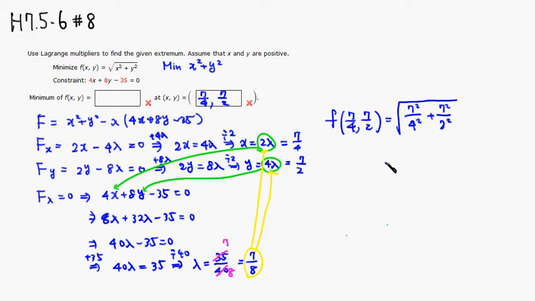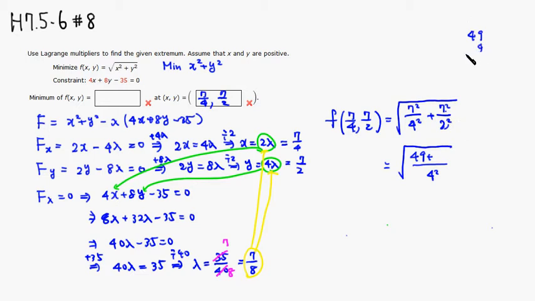Then maybe I'll take the common denominator. So 4 squared would be 16, so 16 here, so you have to multiply the second term by 4. Let's see, 7 squared would be 49, plus 49, and we have to multiply by 4.